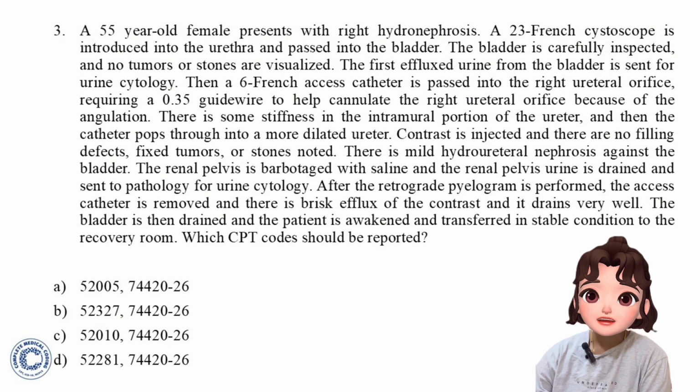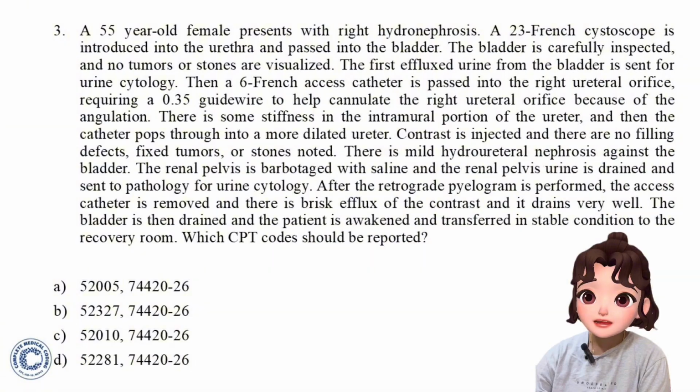There is some stiffness in the intramural portion of the ureter, and then the catheter pops through into a more dilated ureter. Contrast is injected and there are no filling defects, fixed tumors or stones noted. There is mild hydroureteronephrosis. The renal pelvis is barbotaged with saline and the renal pelvis urine is drained and sent to pathology for urine cytology.